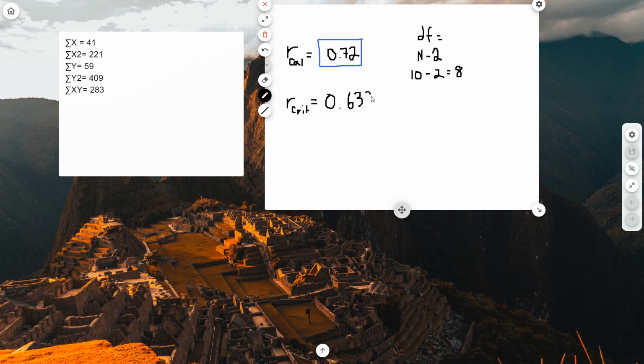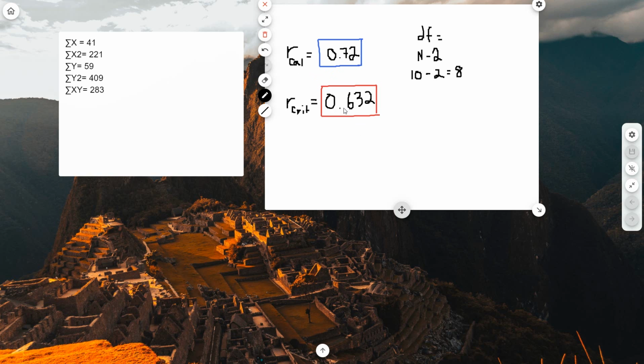0.632. Double checking that, we have it correct. I'm going to go ahead and just highlight that row to make it a little easier on the eye. There we go. Now we have one last thing left to do, actually maybe two. We have a calculated value of 0.72.